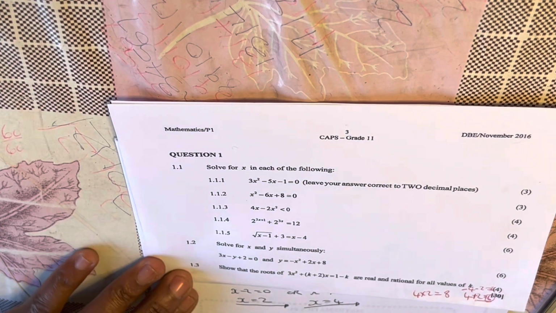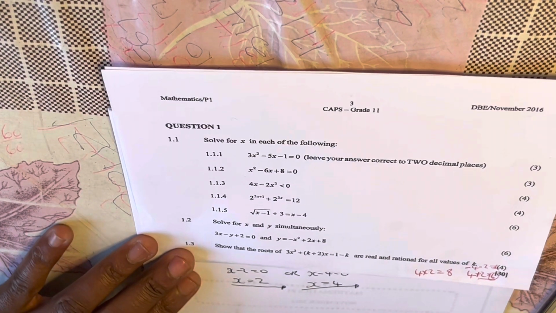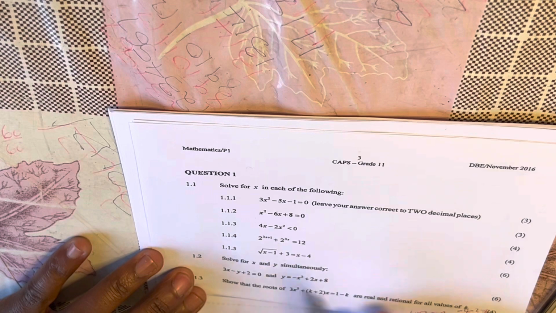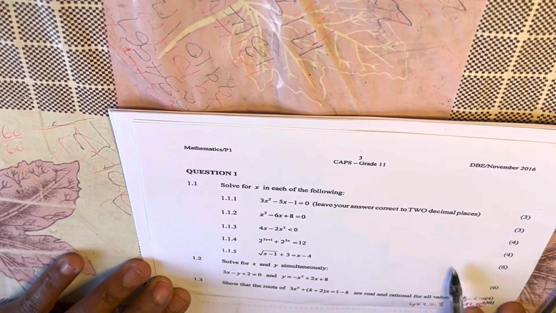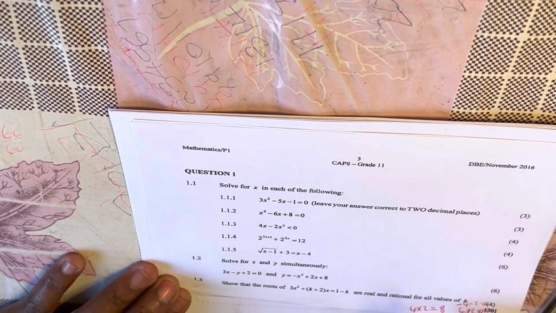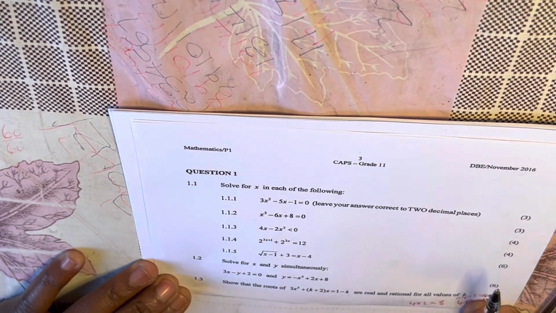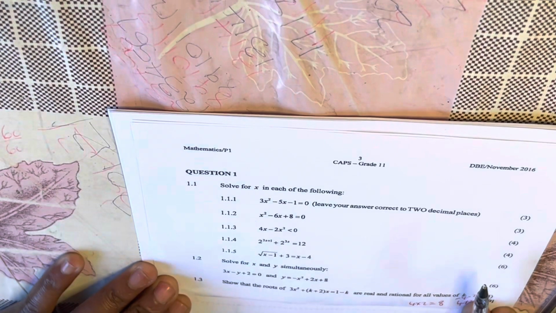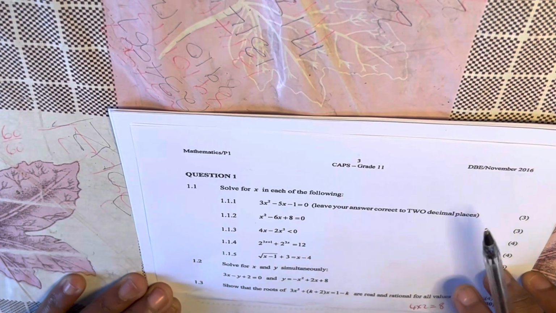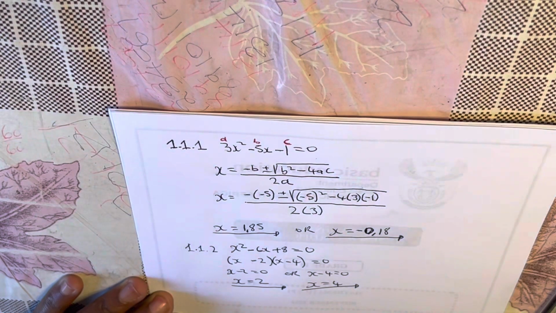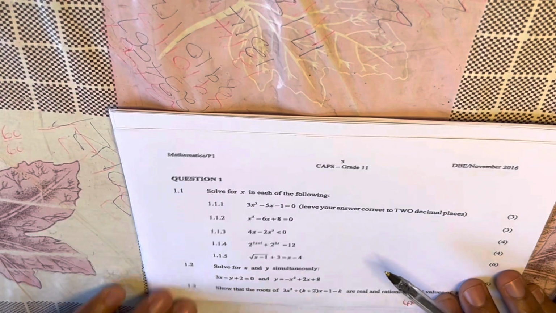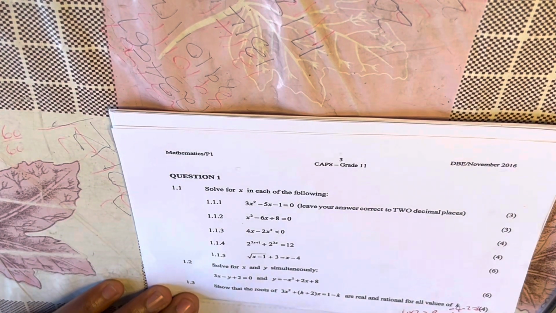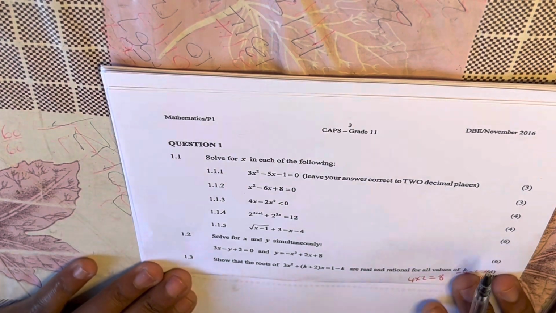Okay, re khutle hape re tle kae mo 1.1.3. So 1.1.3 re na le 4x minus 2x squared. A re shebe mo re na le eng ho 1.1.3.